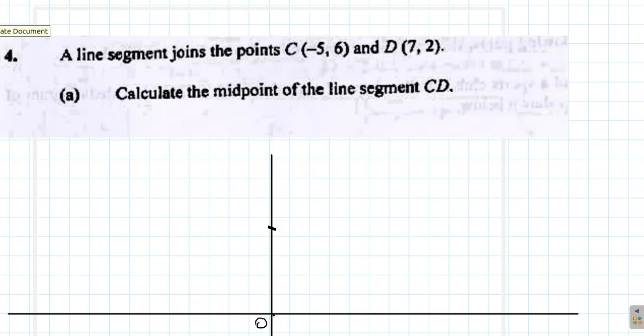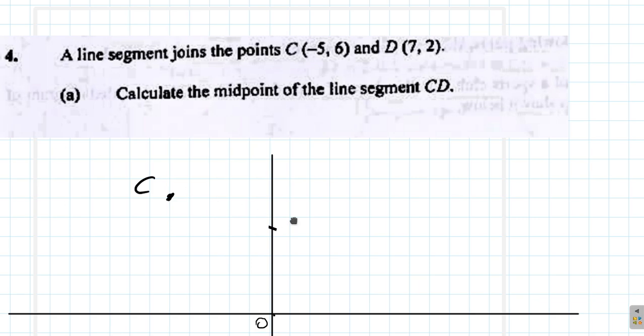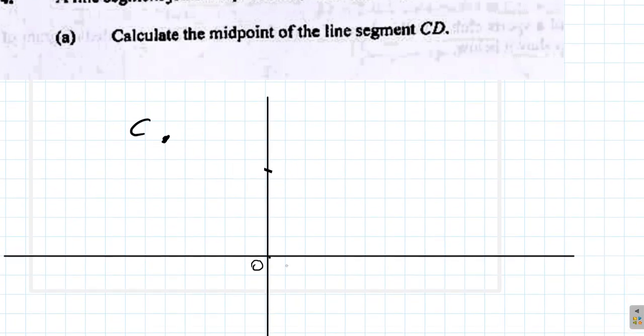C was at -5, 6. So 1, 2, 3, 4, 5. 1, 2, 3, 4, 5, 6. So C was here, and then D is at 7, 2. So that was 1, 2, 3, 4, 5, 6, 7. Then 1, 2 up, right there, D, and we draw our line.